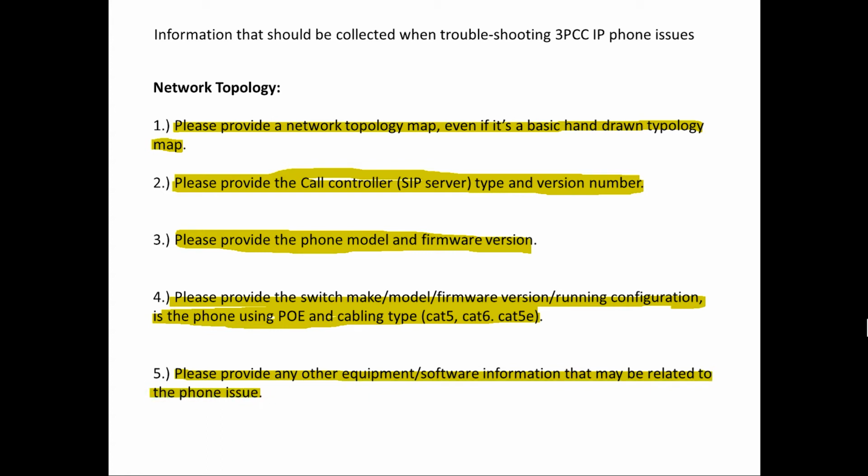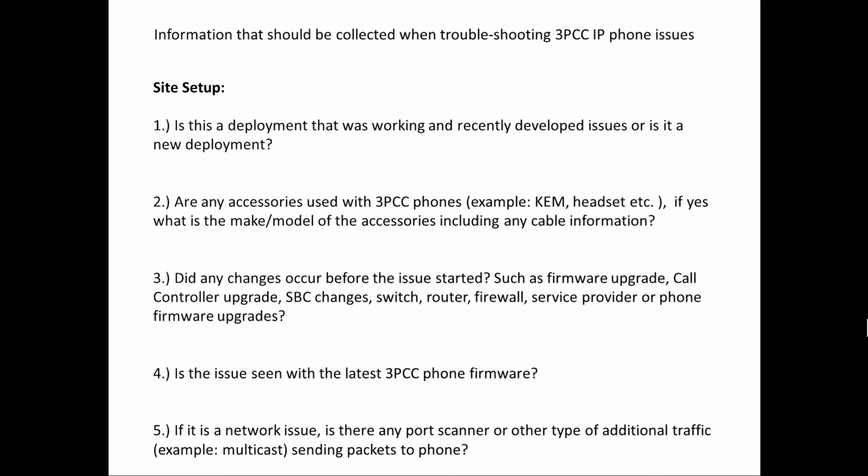If there's anything special in your environment, for example you're running a lot of multicast, you have digital signal processors, or maybe a very large meeting room, whatever the situation might be, make sure you include that information because it will definitely help with the troubleshooting efforts.